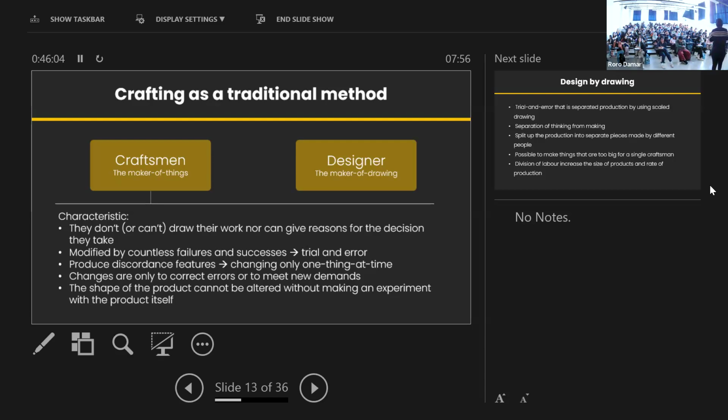Changes are only to correct errors or to meet new demands. Jadi bukan untuk, sometimes it's not to improve. Like, okay, I have a Mercedes-Benz, or probably I have a Pajero Sport car. Okay, I want to enhance it. So the designer designs a new facelift, a new engine, but most of the time, craftsmen don't do that.